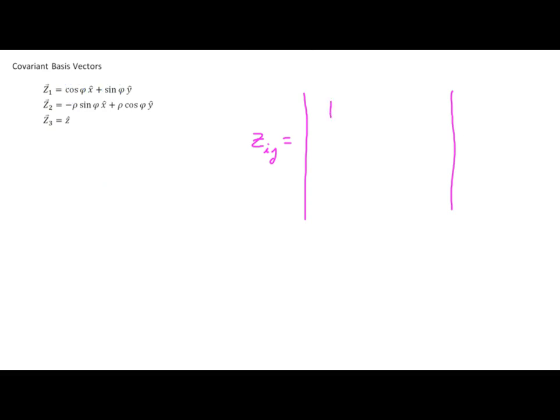All right. Second case is z1 dotted with z2, and that means we're going to have to multiply these two terms and add the product of these two terms. Well, you can see, I think, by inspection, negative rho sine phi cosine phi and positive rho sine phi cosine phi, that's going to be equal to 0. So z12 has to be equal to 0, and because of the symmetry, z21 has to be equal to 0.